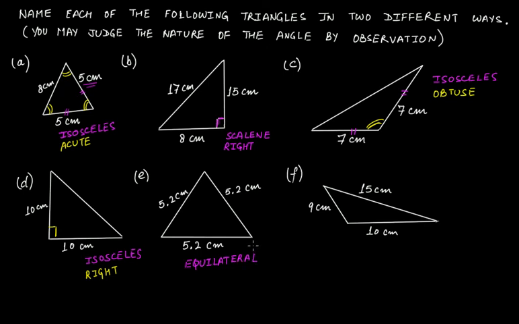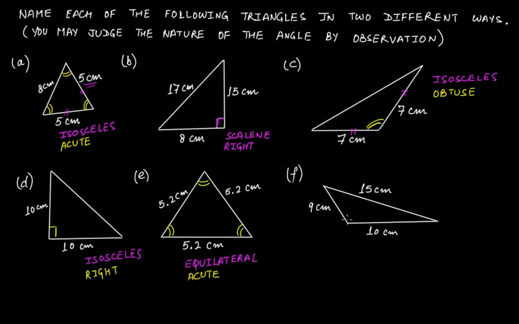Now depending upon the angles, we can clearly say that all the angles of this triangle are acute. So this will be an acute angled triangle on the basis of angles, and on the basis of the length of their sides, it will be an equilateral triangle.